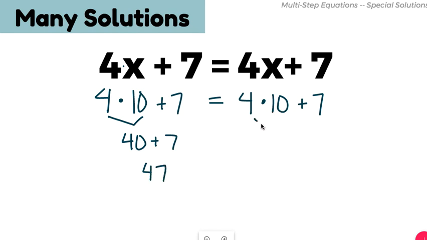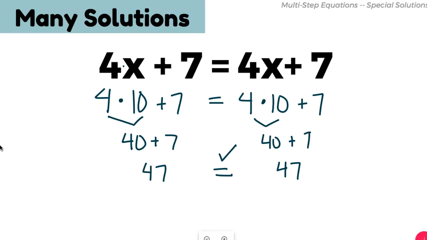Then on the right-hand side, multiply first, I get 40 plus 7 equals 47. So if you were checking your answer and you substituted 10, you would tell yourself, perfect, left equals right, I'm good. And that's true.